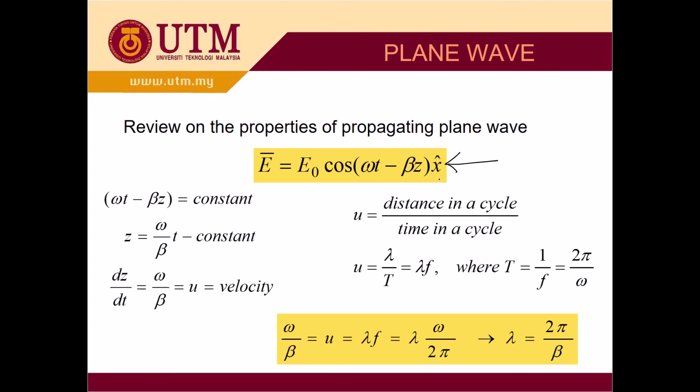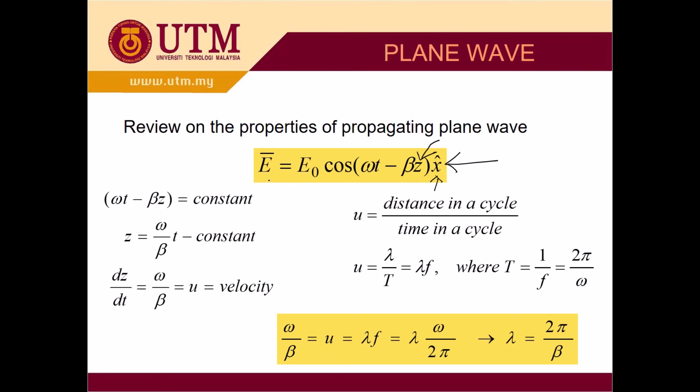So it has an x component, and here is something related to the direction of propagation, which is z. We have beta and we have omega. Omega is the radian frequency, and we have time. So this is basically the general equation.